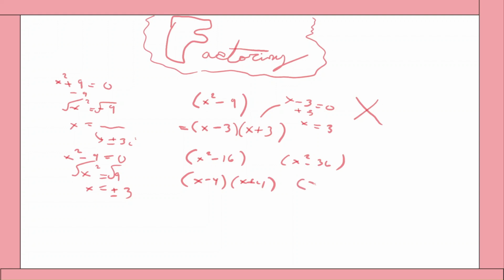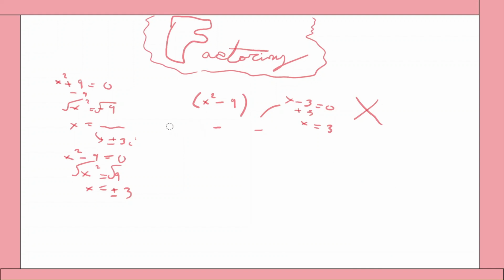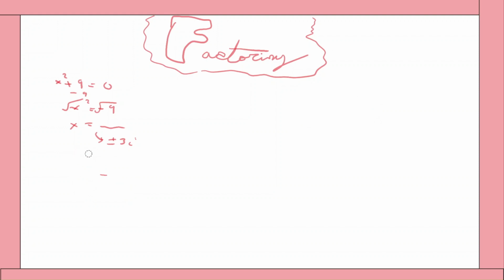And this would, of course, be x minus 6 multiplied by x plus 6, because the square root of 36 is 6. So this is one of the nicer ones you might get when it's a perfect square, because you don't have to do too much math with it. It either works out algebraically, or you just understand the trick for it and get it very quickly. So perfect squares, not too bad.